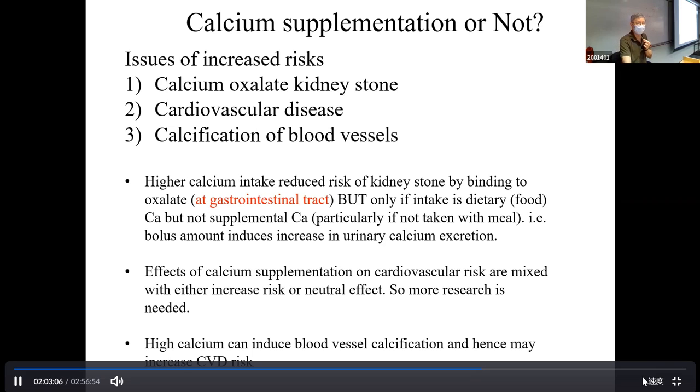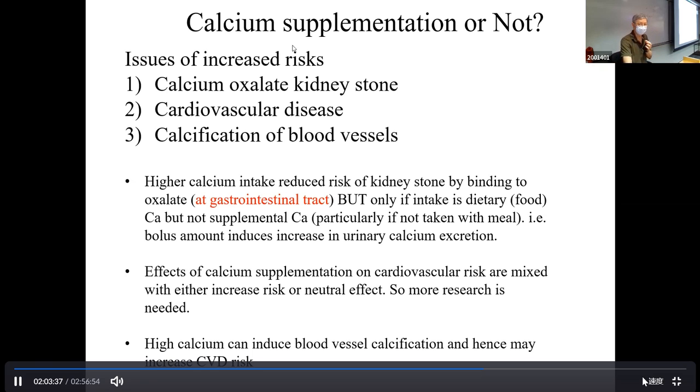Some of the issues associated with increased risk, for example, are kidney stone, increased risk of cardiovascular disease, and increase in calcification of blood vessels. So these are some of the so-called concerns of calcium supplementation. That means you take in calcium pills instead of increasing calcium through increase in food consumption.